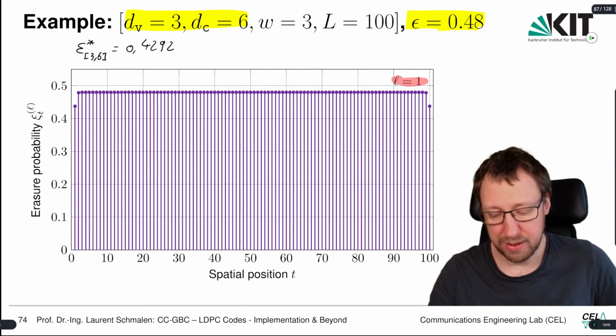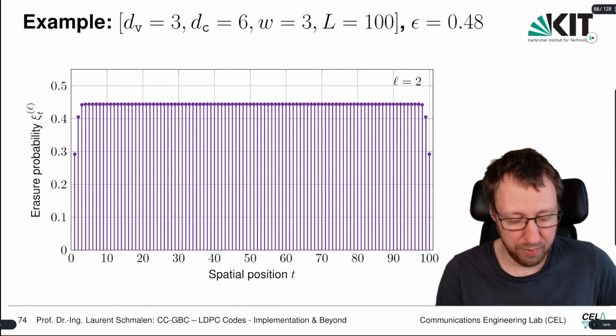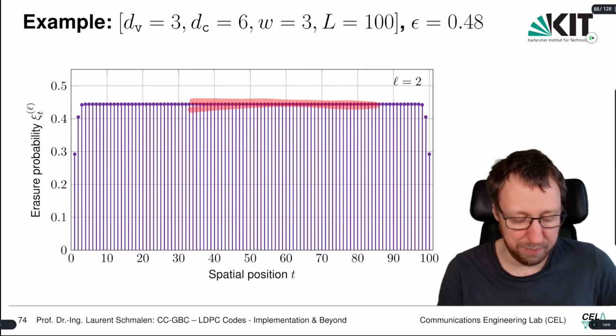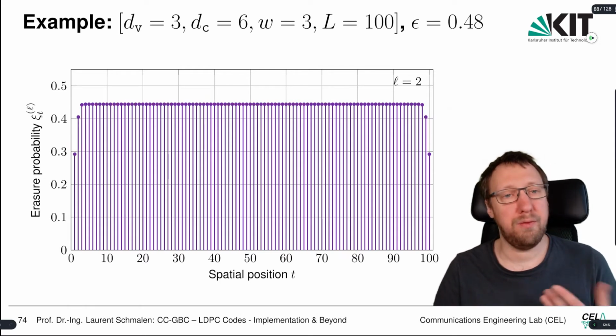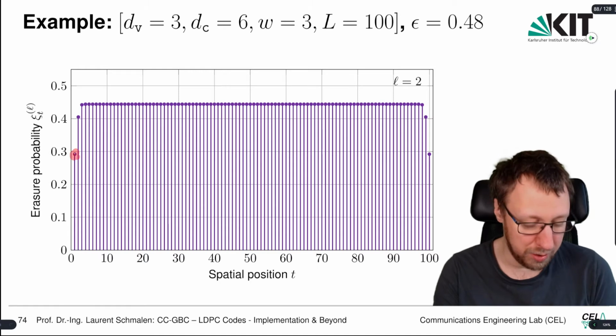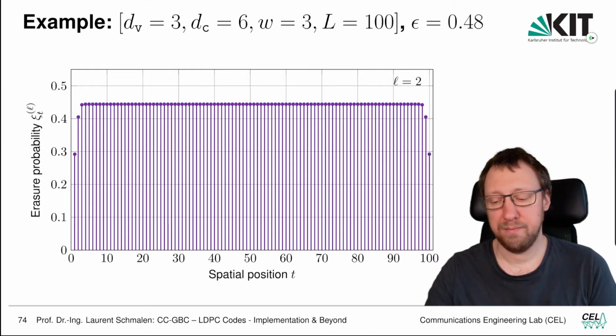2 iterations, then we have the following, and we see that the erasure probability in the middle decreases a bit, but also the ones at the boundary, they decrease even further. So already the first spatial position has erasure probability of less than 0.3.